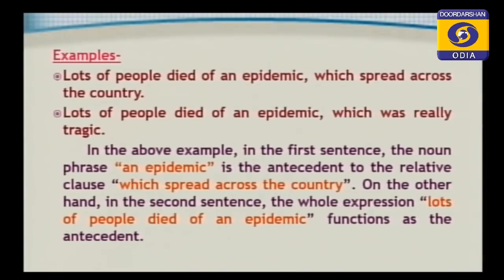That the death of lots of people in the epidemic is the tragic thing. Not only epidemic, not only lots of people. So, such cases where the relative clauses provide more information about the whole sentence after which they are used, that means the whole sentence functions as the antecedent noun phrase. Such cases are called sentential relative clauses.